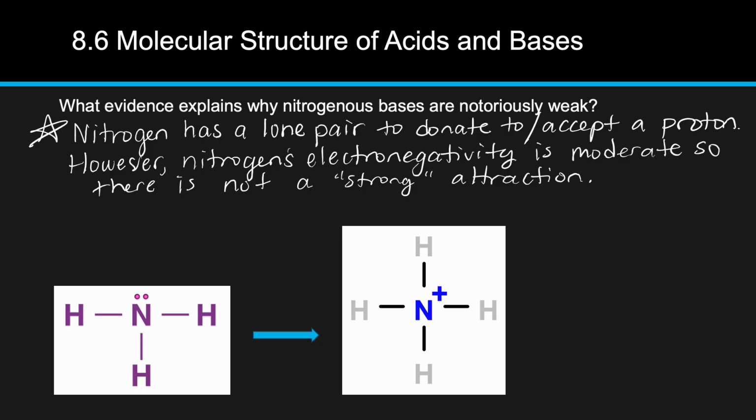The other evidence we have is that when something like ammonia accepts a hydrogen and becomes NH4+, it's now a positively charged species, which is not highly stabilized. Because of that, it readily wants to lose that H+ ion, or donate a proton, and regain that stability.